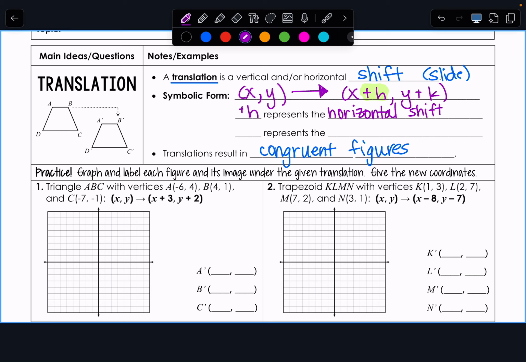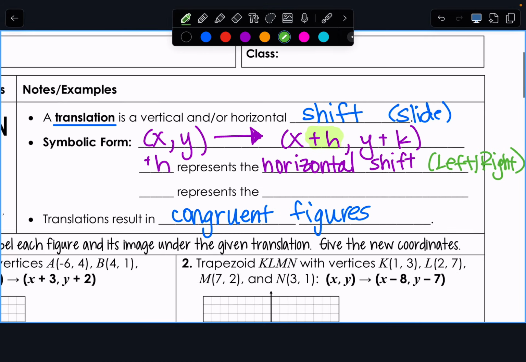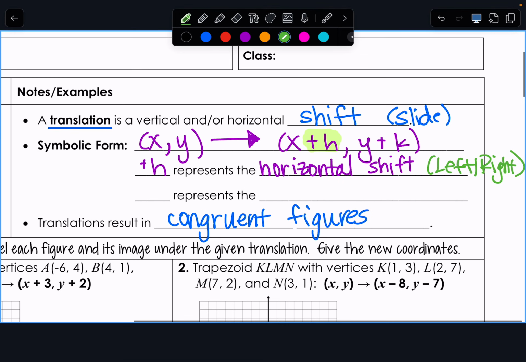But really that just means which way are we going, left or right? It's like a plus H.